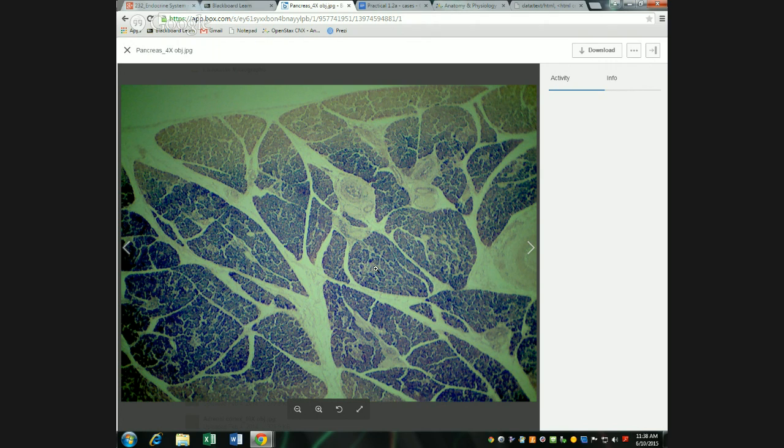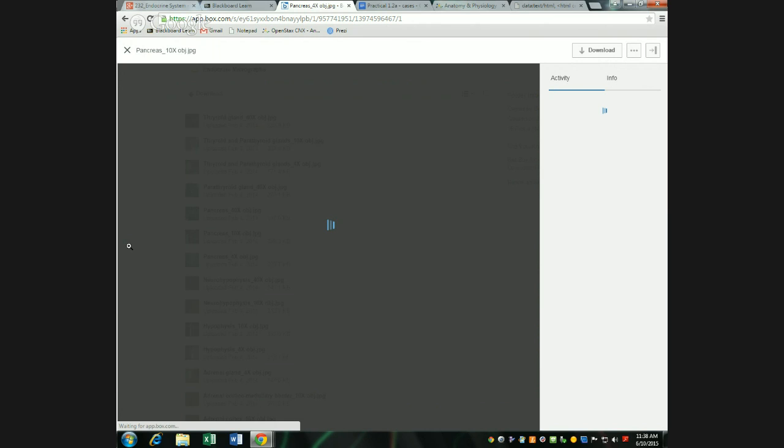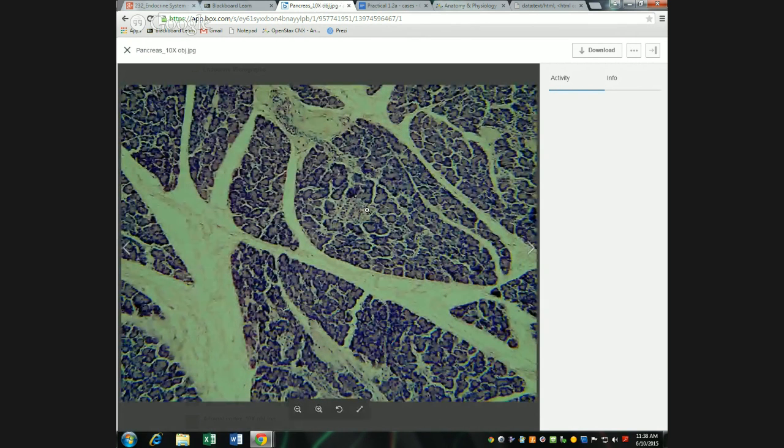So right here, for instance, there's this little island of lighter staining tissue floating in the bigger, darker staining region right there. Okay. If we look at that at a higher power, here's that little light stained area, and there's darker clusters of cells around it. It's a little more detail.